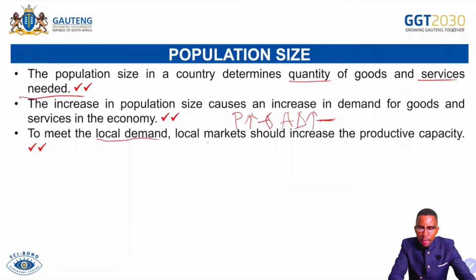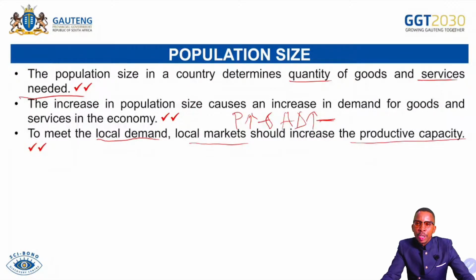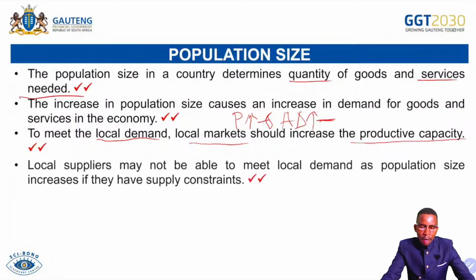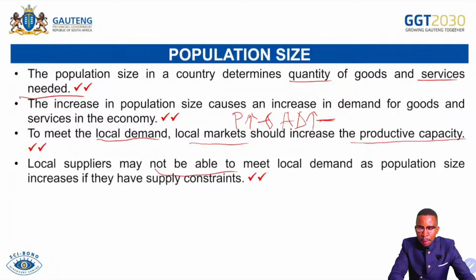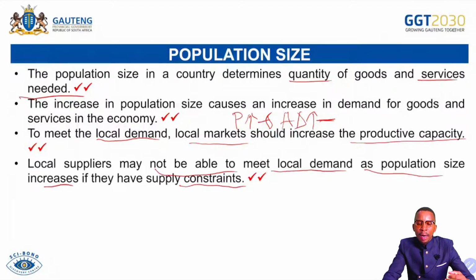To meet local demand, the local market should increase its productive capacity. Yes, it is important. There is no way that we meet local demand without increasing productive capacity. Local suppliers might not be able to meet the local demand as population size increases if they have supply constraints. So should our local firms be unable to increase productive capacity, local consumers will have to import goods from other countries.